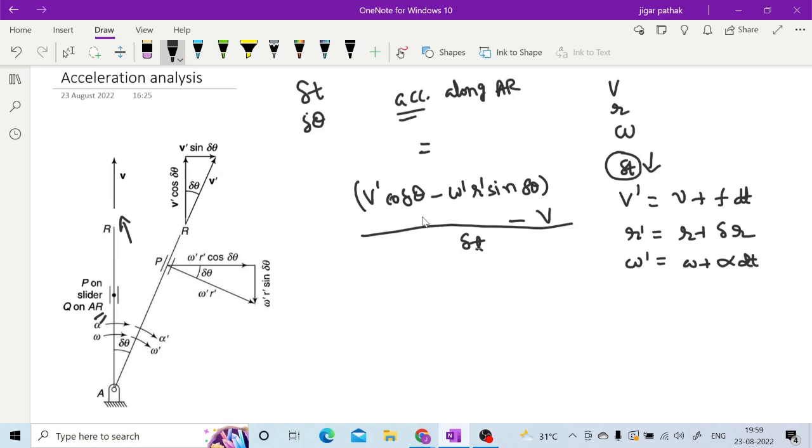Now you put all these values of v dash, r dash and omega dash in this equation, and as delta theta is very small, cos delta theta becomes 1 and sine delta theta becomes delta theta in these calculations.